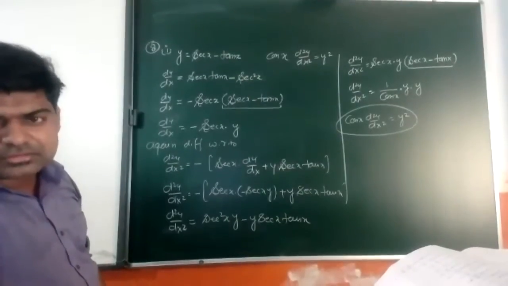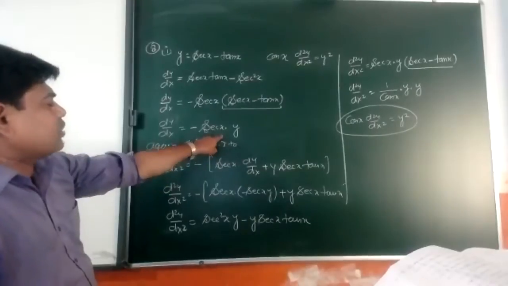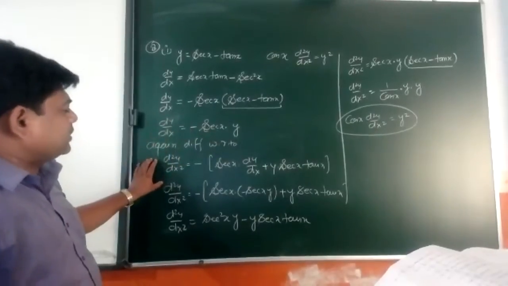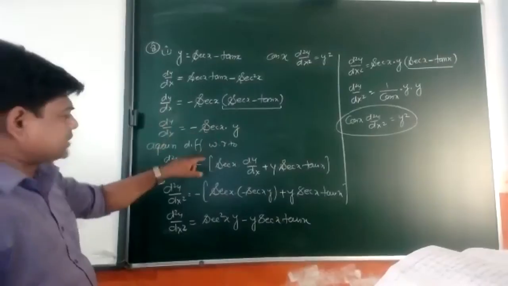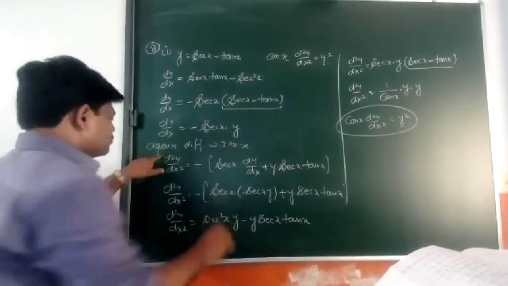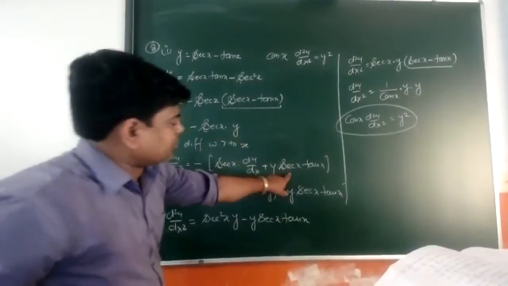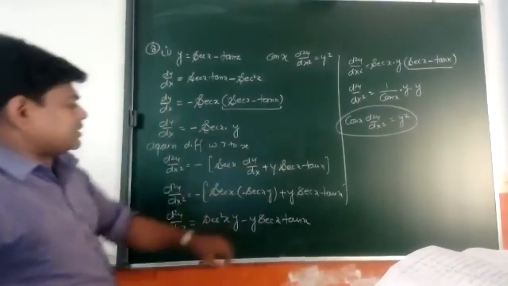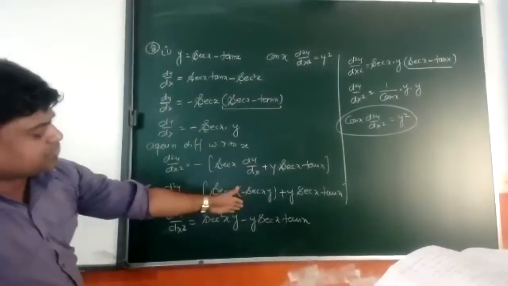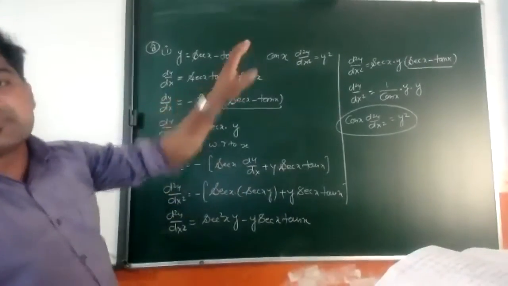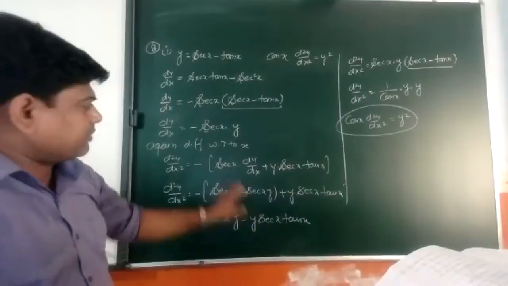Here I substituted the value of this one, then again I differentiated with respect to x, and I got d2y by dx square first into second differentiation plus second into first differentiation, sec x tan x. And the value of dy by dx was substituted here because in our result dy by dx was not required, and we have got our result.